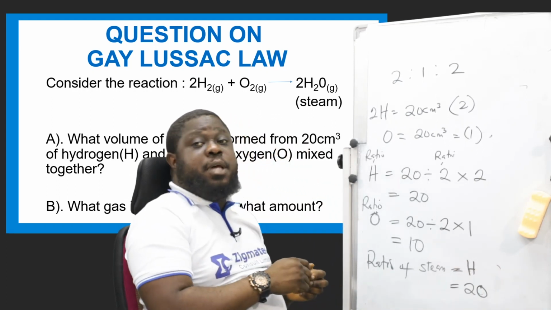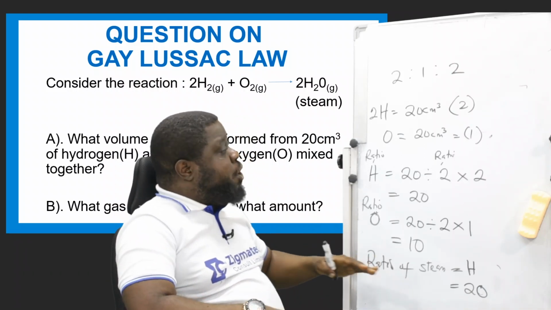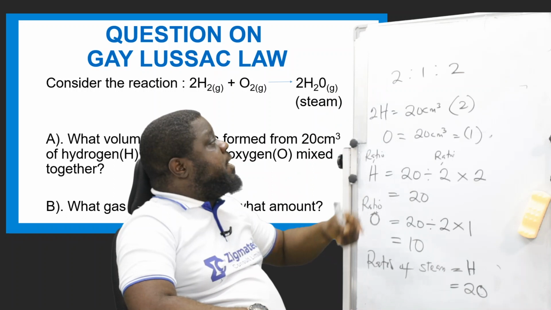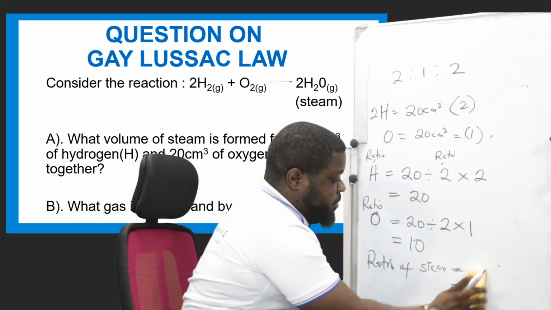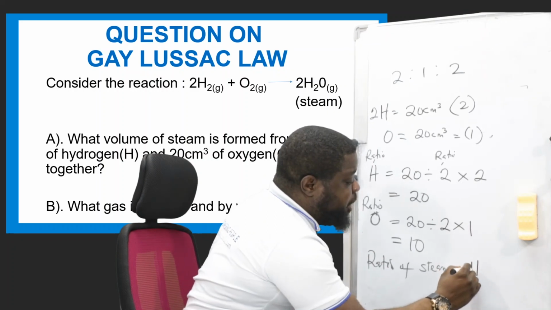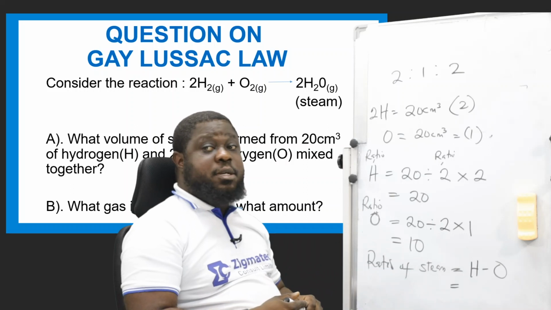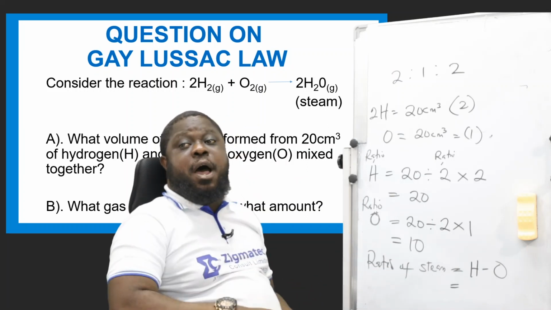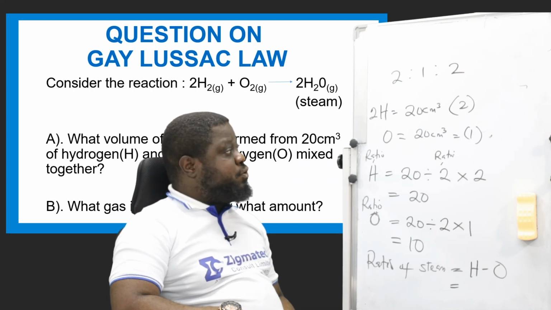The steam becomes 20. In essence, the ratio of the steam, 20 minus 10, sorry, it will be hydrogen minus oxygen times the number of molecules.